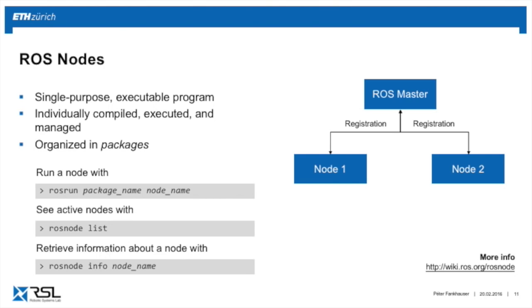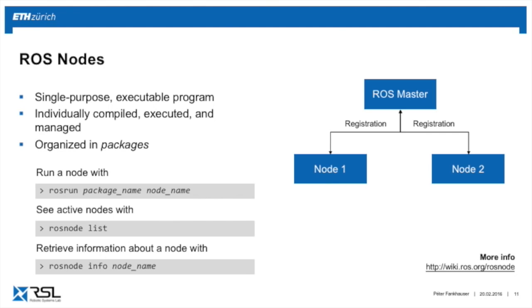So whenever we mean a package name, it's essentially the name of the package, and then in there you can have multiple nodes. You see here in the example, with the ROS master, each individual node needs to register with the master such that it enables the communication. To run a node, and you'll use this during the exercise, you type in rosrun, then the package name, and then the name of your executable.